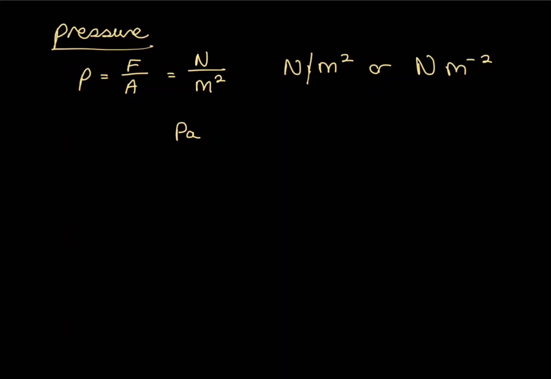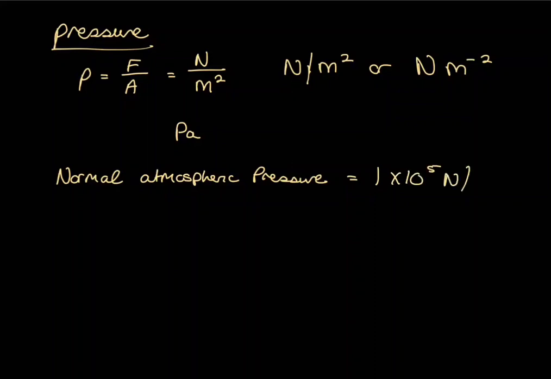The normal atmospheric pressure of a gas is 1 by 10 to the 5 Newtons per meter squared, or 1 by 10 to the 5, and the other unit that we can call it is the Pascal.